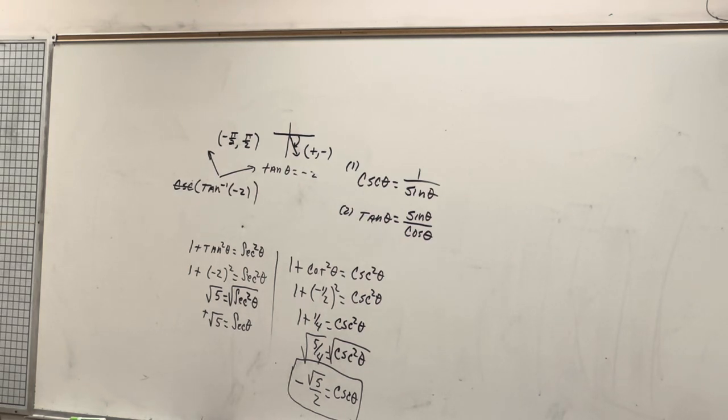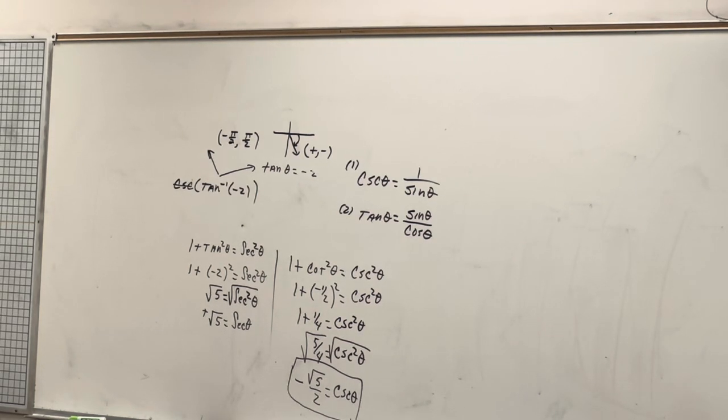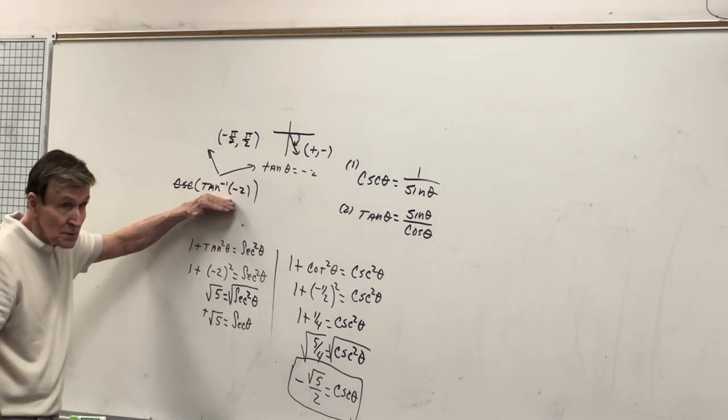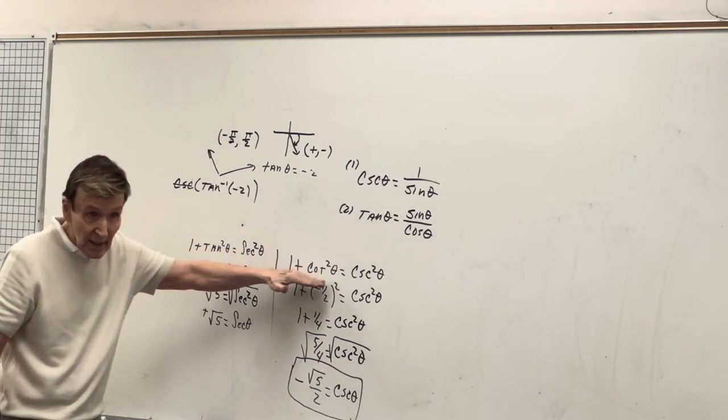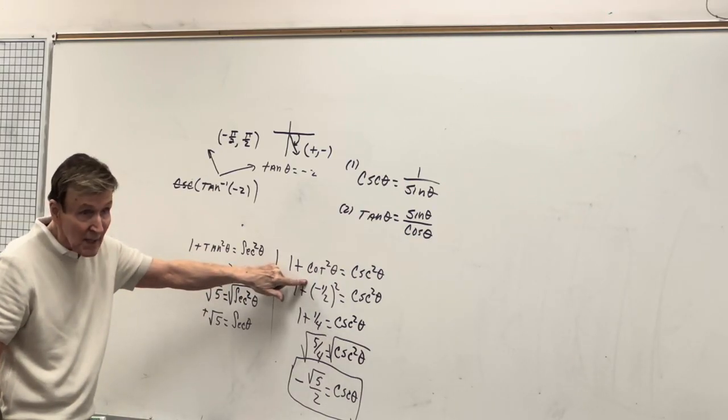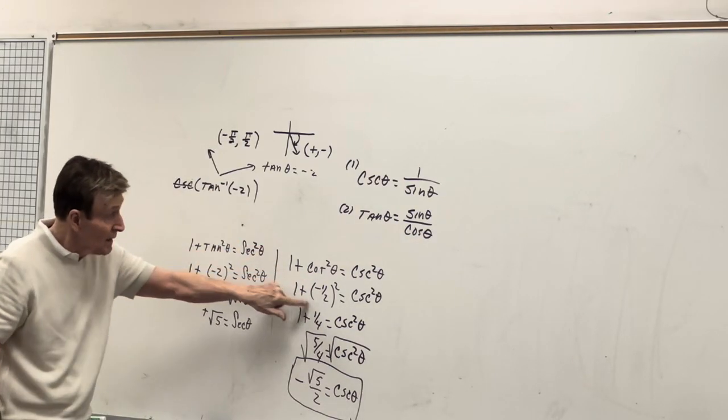As you're sitting there in your mind trying to put all these little factors together. Yes? Okay, where did the -1/2 come from? They gave us tan is -2. And the identity they gave me to use has cotan, and cotan is the reciprocal of that.